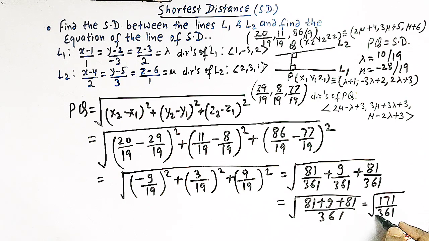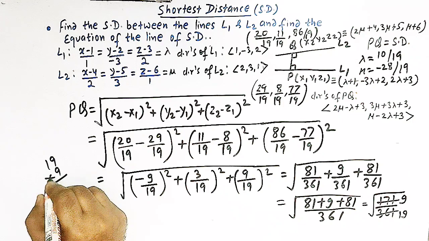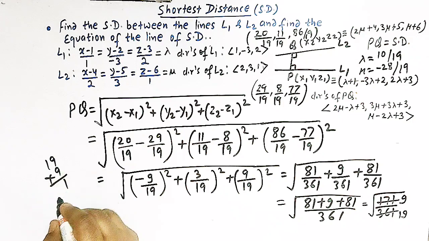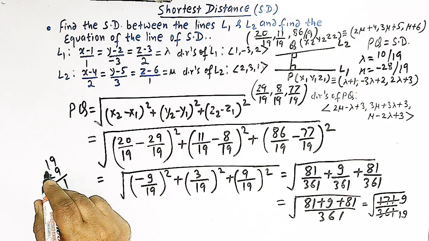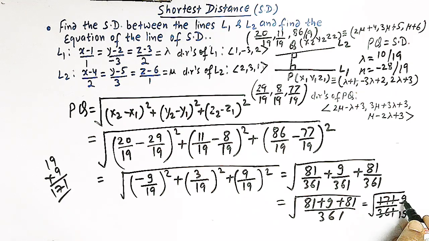So here we have 19 times 19 is 361, and 19 times here we can have 9, right? Because 19 times 9 is 9 times 9 81, and 9 times 1 is 9 plus 81 is 171, right? So we have 9 over 19, right?